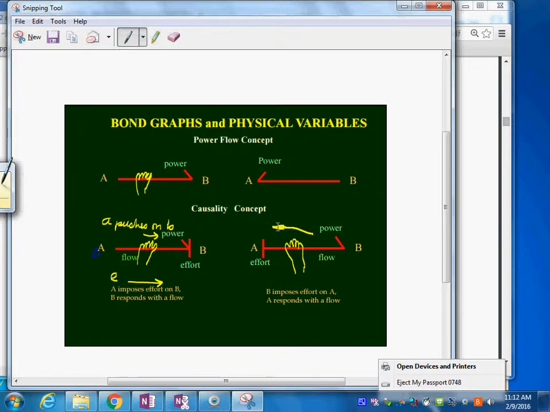So you have the ability to express the power flow by just the half arrow, and the ability to express how the effort goes by the crossbar. See, this is the effort right here. In one case from left to right, and the other one from right to left. That's how we interpret this.